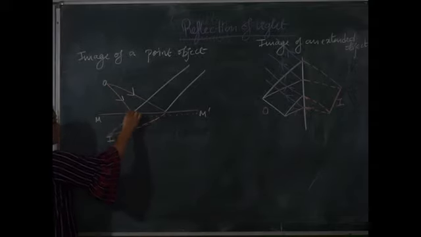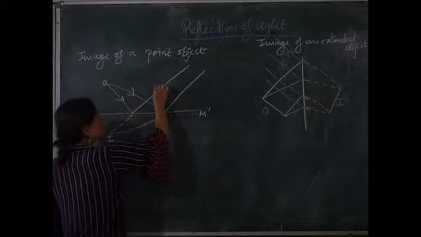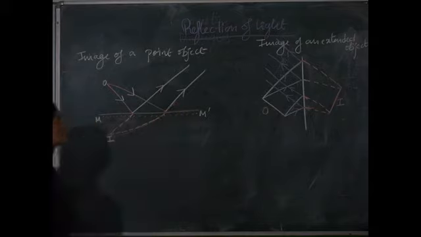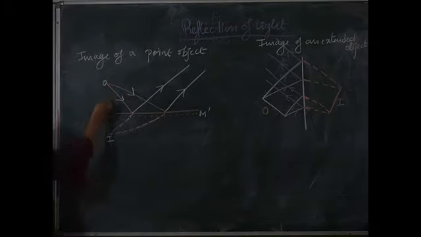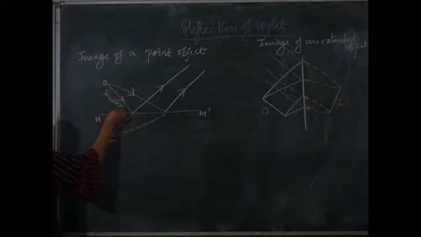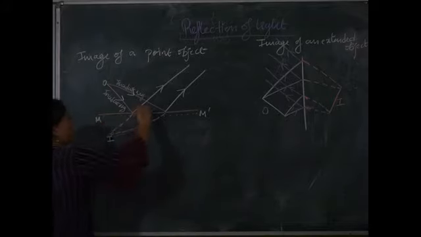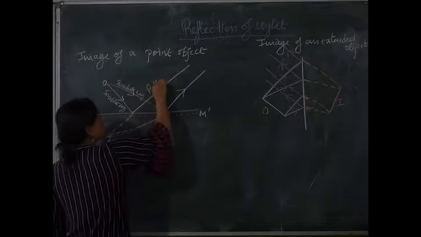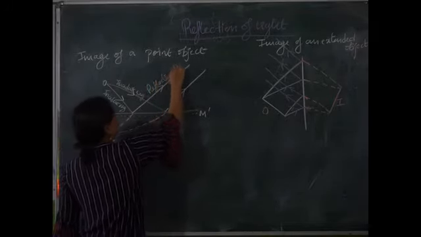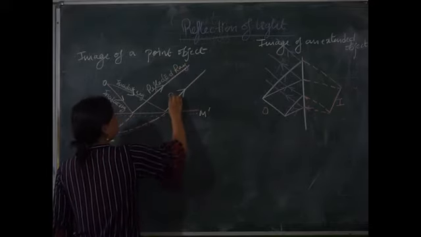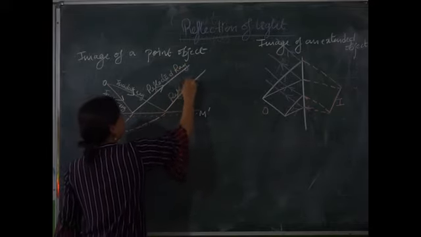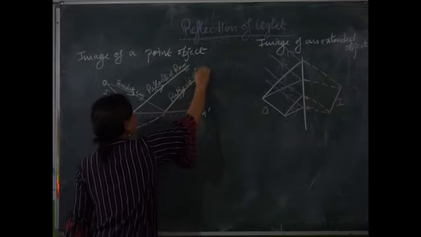It strikes the mirror and reflects back. This white line is your reflected ray. The pink one is your incident ray, the ray which comes from the point, and the white one is your reflected ray. They reflect back to the same medium.